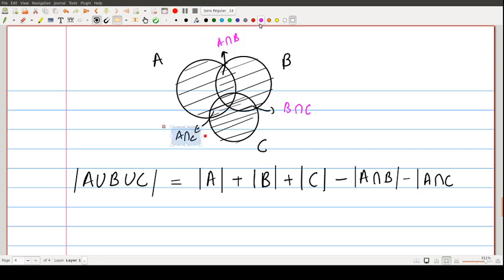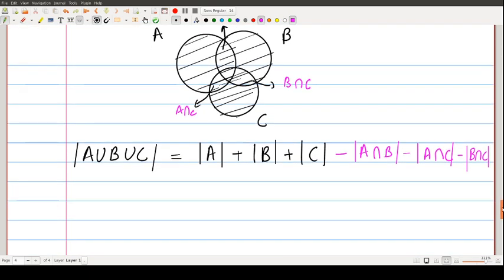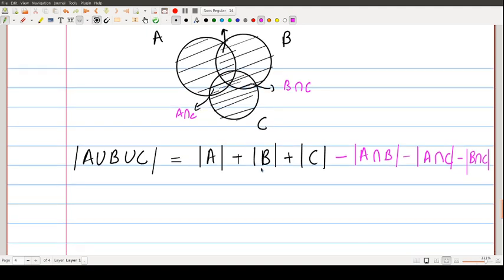And so these terms are the ones that I'm writing now. So A intersection B, A intersection C, minus B intersection C. And at this point, notice what has happened. We had this set which contained A intersection B, but we also included this middle part.